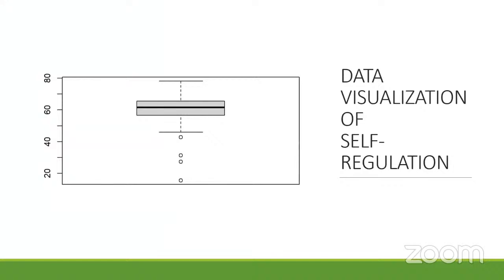Yeah, again, we find that the self-regulation power is also low, because many people are at the lower point. Now, everything is with respect to this particular data. It is not based upon any norm, but only upon the distribution of the current data.